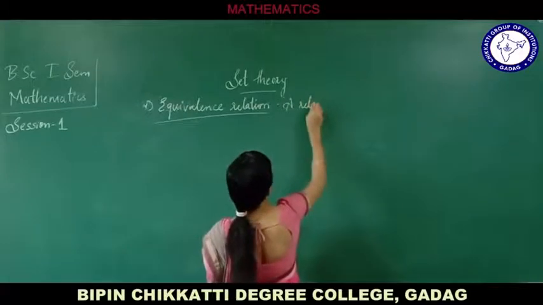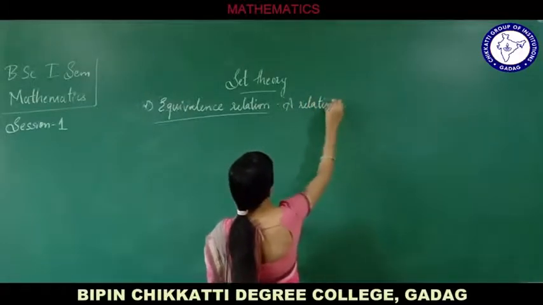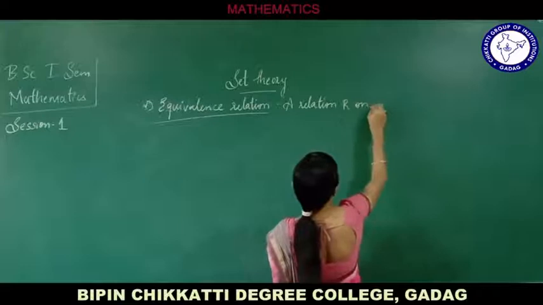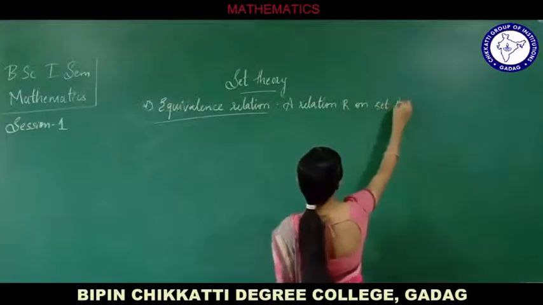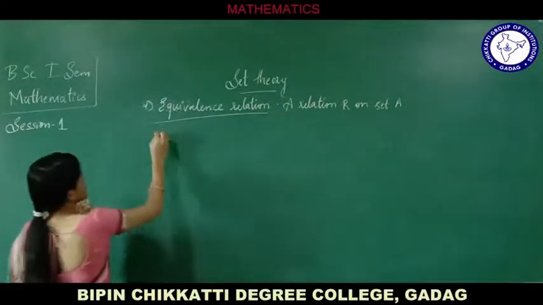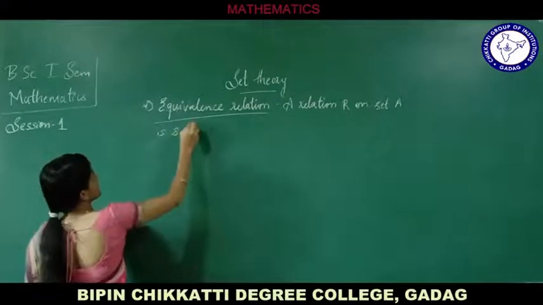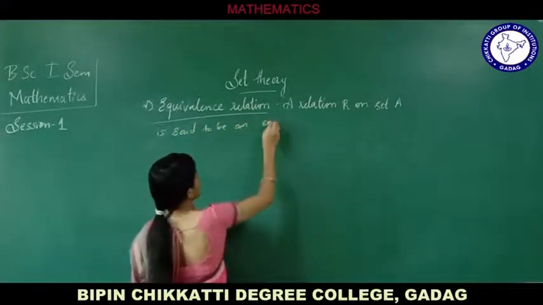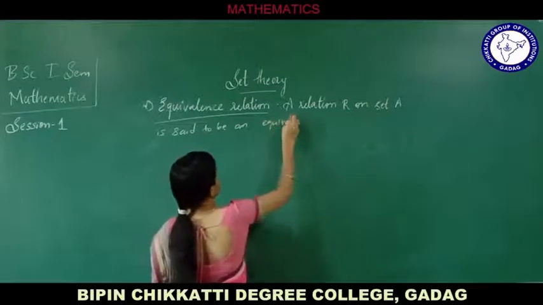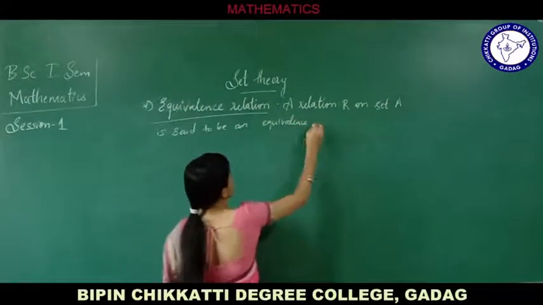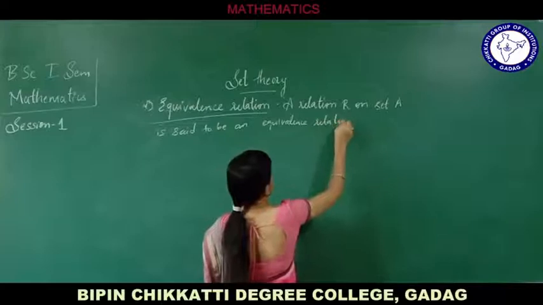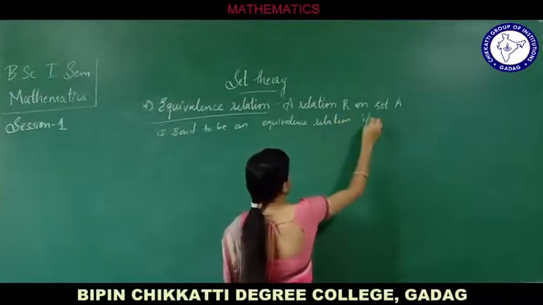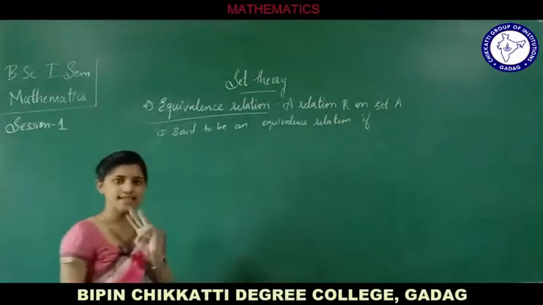A relation R on set A is said to be an equivalence relation if, as I said, it has three conditions.